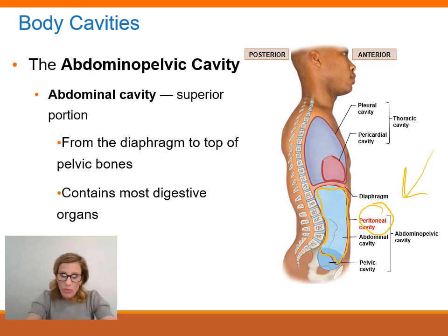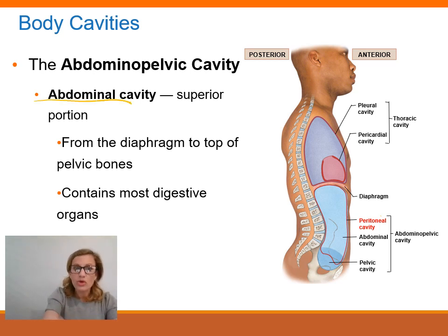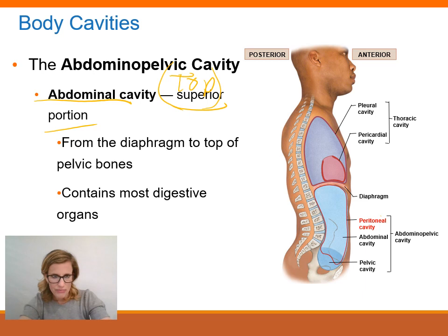Now, the abdominopelvic cavity, we said, could also be separated into the abdominal cavity and the pelvic cavity, and these are a little bit easier to understand than the peritoneal cavity. The abdominal portion is the superior or the top portion of the abdominopelvic cavity.